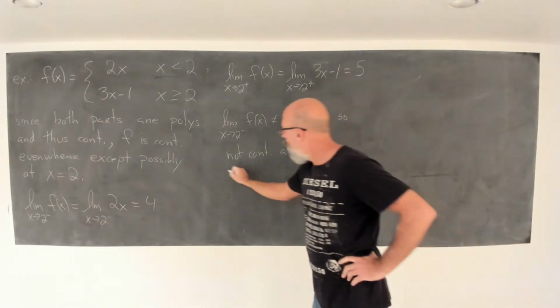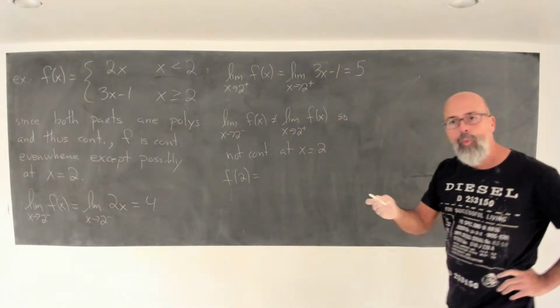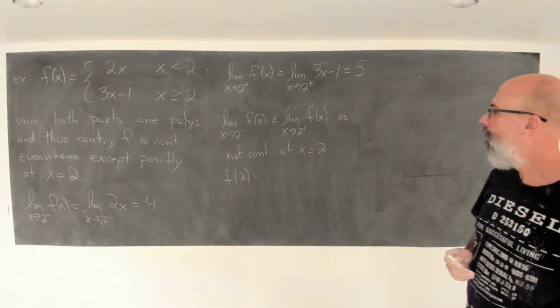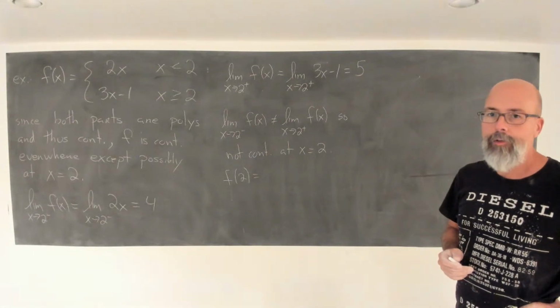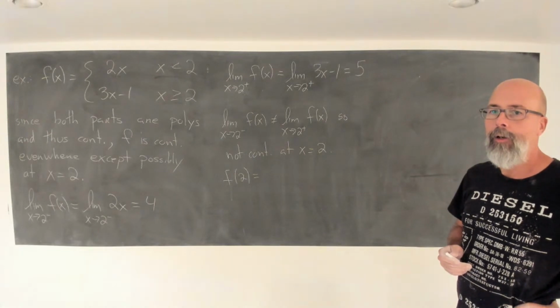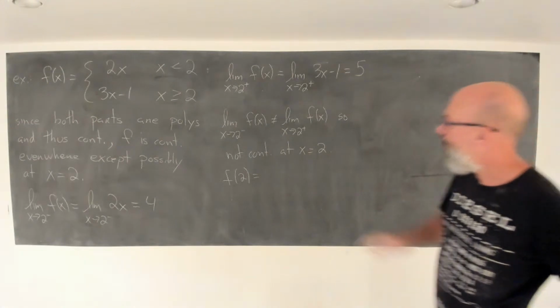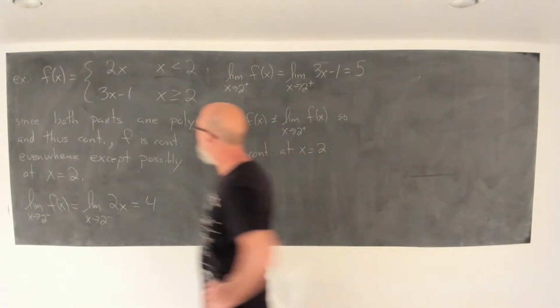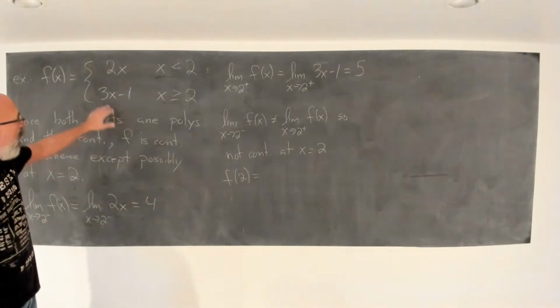We don't need to worry about f of 2, but while we're here, for completeness, let's point out what f of 2 is. Well, you know what function to use, right?